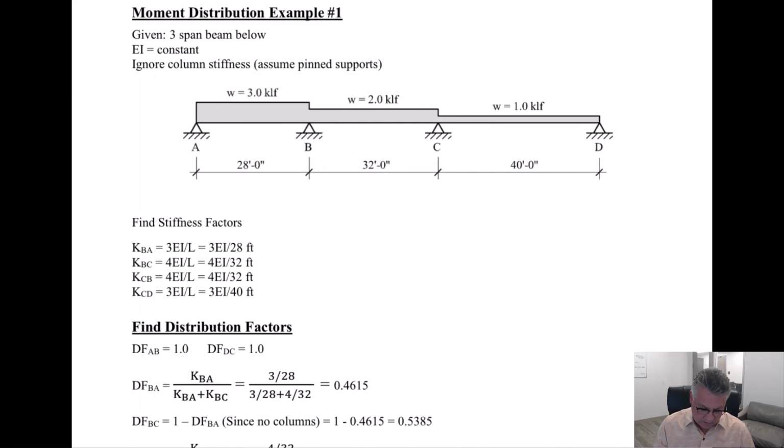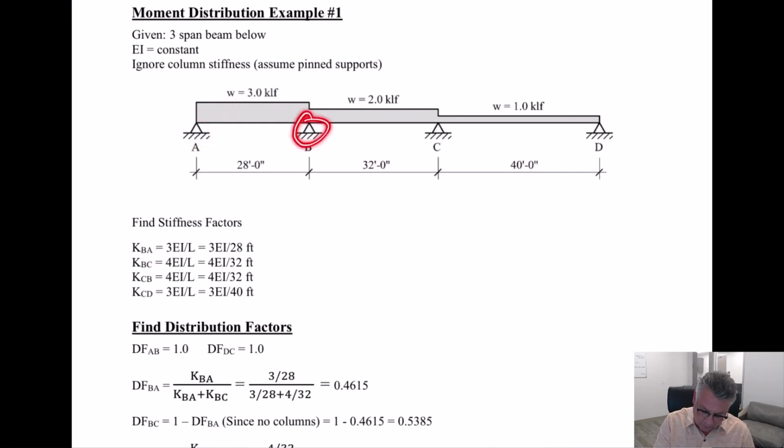Now, stiffness BA means I am standing at B and I am looking toward A. I'm looking at the stiffness of this end of this beam segment. Now, we just discussed if the far end of that is truly pinned.